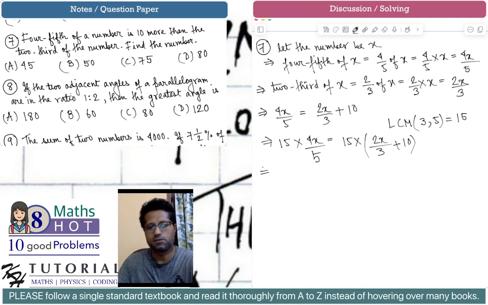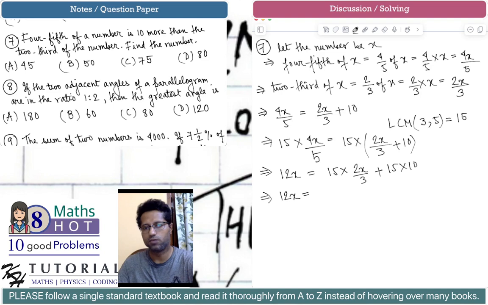So this implies 15 into 4x by 5 will be 12x. On the right hand side you will have to apply distributive law of multiplication over addition, and this actually becomes 15 into 2x by 3 plus 15 into 10. So this implies 12x is equal to 15 into 2x by 3 becomes 10x, and we have 150.